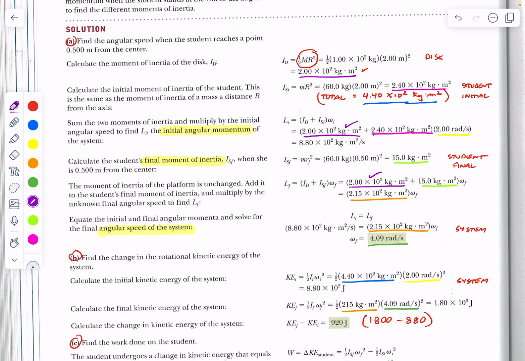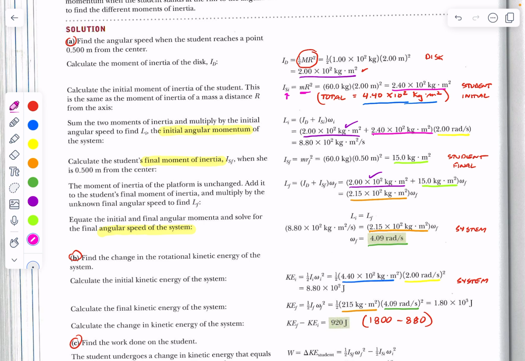Now, if we're going to find the rotational inertia due to the student, S here stands for student, that's going to be an mr squared, because we're going to consider the student as being like a solid object with all of its mass at sort of a point compared to the surface area of the rotating disk, and that rotational inertia is 1 mr squared.